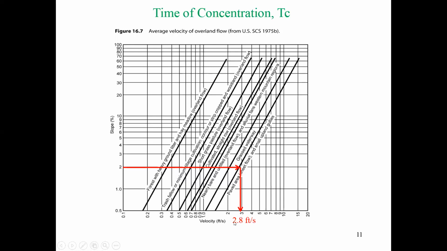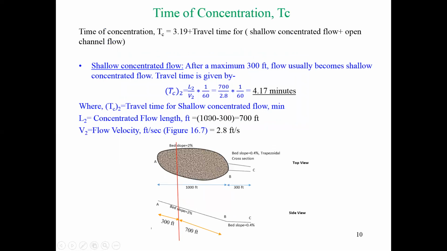Based on how you draw that line, it will be like 2.75 to 2.8. I'm taking 2.8. So that is 700 over 2.8 and 1 over 60, just to convert the total time into minutes. Okay, so we have 4.17 minutes for shallow concentrated flow.